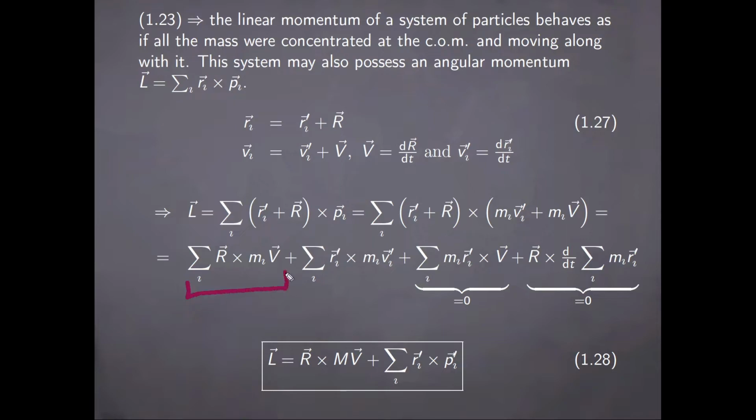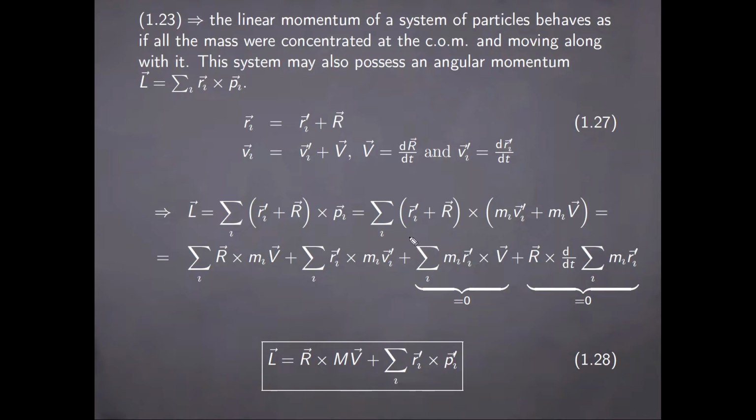What the first term describes is the angular momentum of the center of mass itself as it moves about some external point of reference O. The second term of the sum is the angular momentum of motion about the center of mass. So this is the angular momentum of the particles that will be rotating around the center of mass. And the last two terms of the sum both vanish.